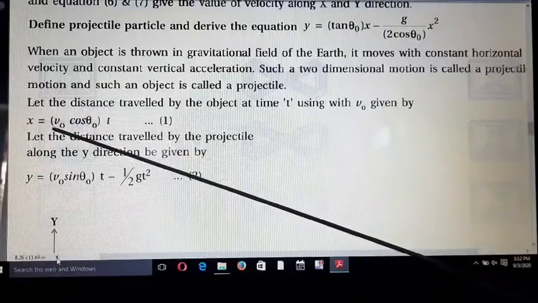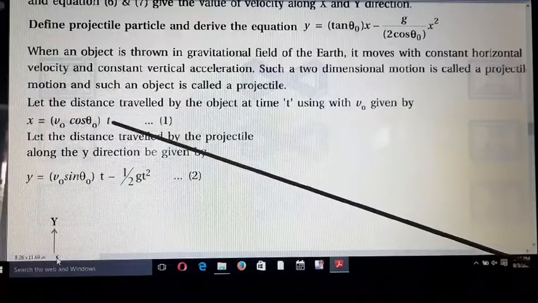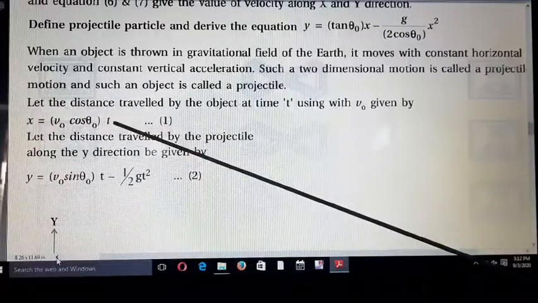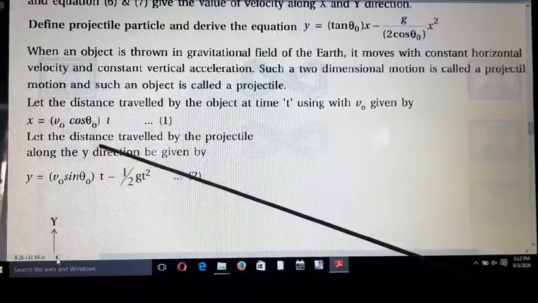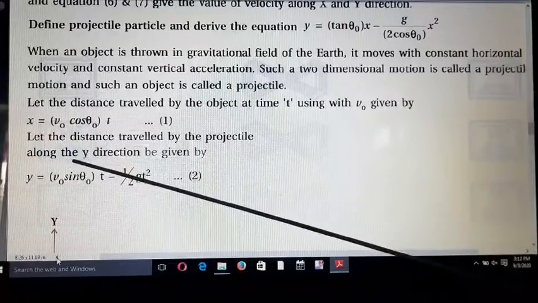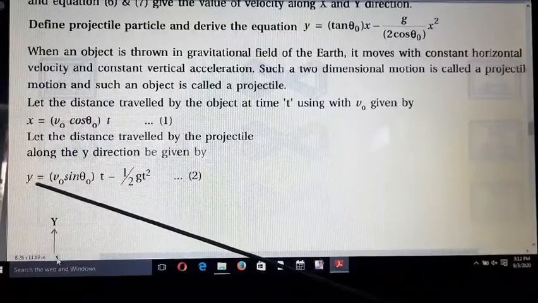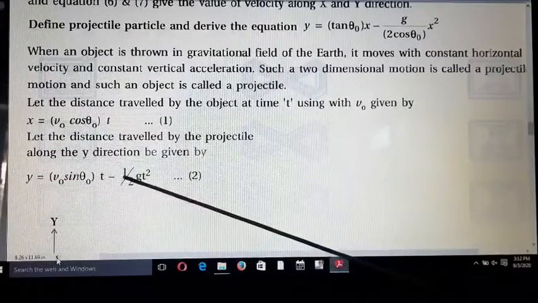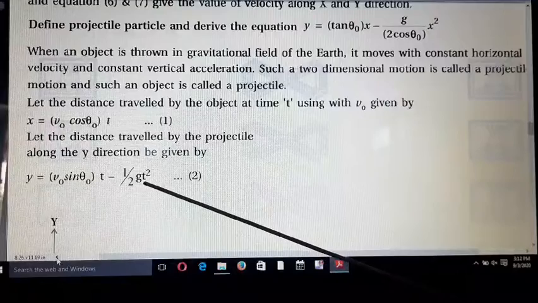Suppose x is equal to v0 cos theta 0 t is the position of the particle in the x direction. Let the distance traveled by the projectile in the y direction be given by y is equal to v0 sin theta 0 t minus 1 by 2 g t square.